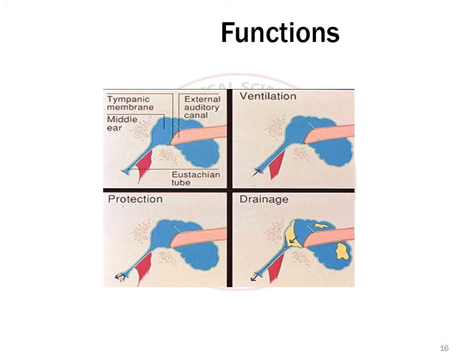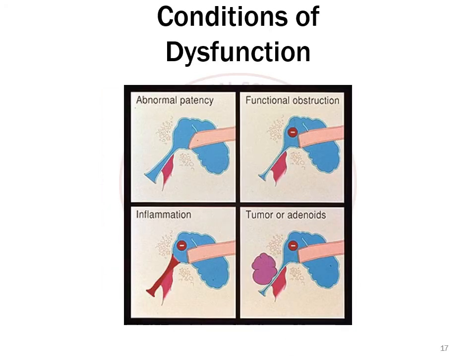See, this is the first diagram; it shows ventilation, the second is protection, and the last one is drainage. Where will the eustachian tube have a problem?